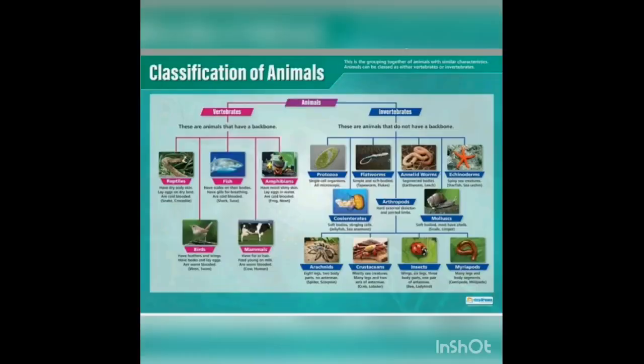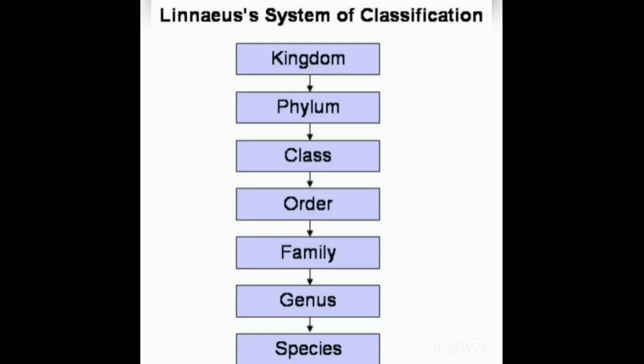If we didn't classify the animals, we would not be able to identify them. Classification is defined as a process by which things are grouped in convenient categories based on easily observable characters. By their characters, we can group the organisms into different groups. This is called classification.